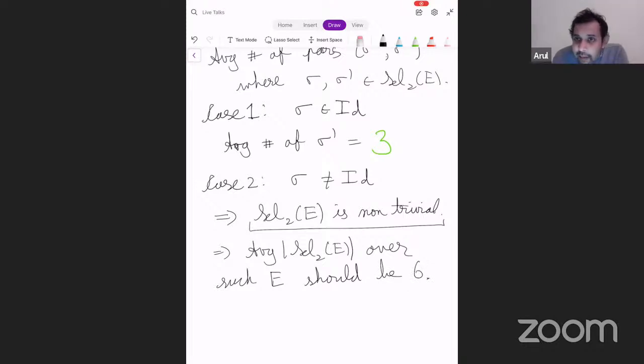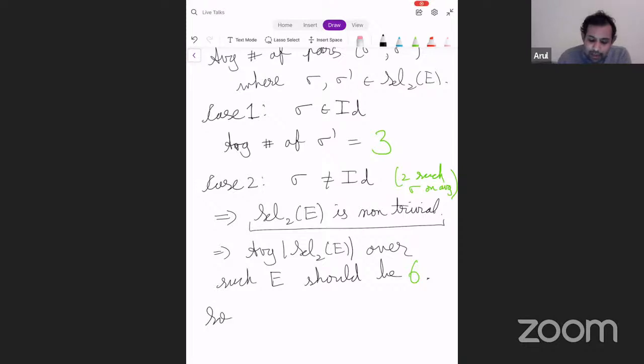Instead of 3 as an average, it should be 6, because there should be an extra factor of Z mod 2Z for every such E. So if sigma is not the identity, there are 2 such sigmas on average, and for each such sigma, there's a contribution of 6.